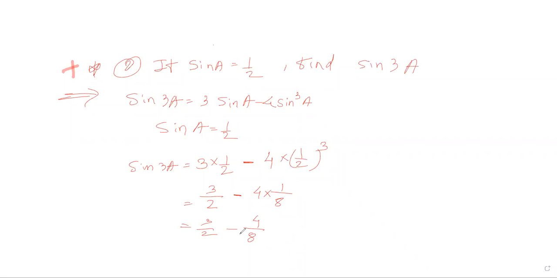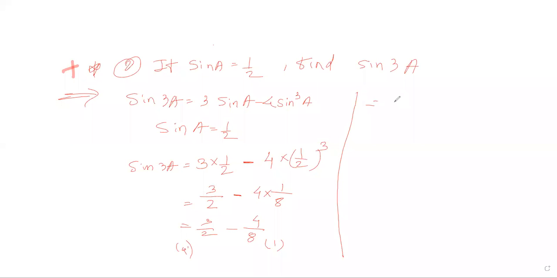Now here is the fraction. To solve, first make the denominators equal. Here is the 2 and here is the 8, so multiply by 4, and here multiply by 1. If we multiply the numerator, the denominator is also multiplied.